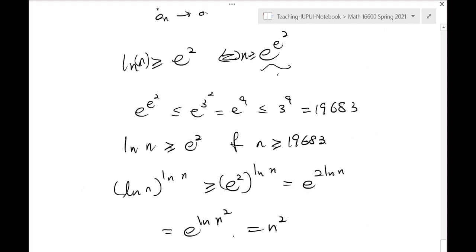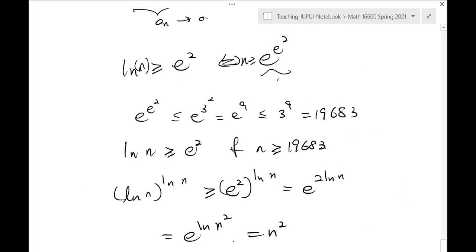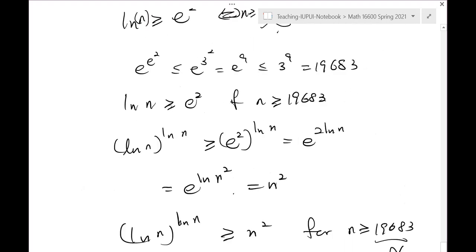You can say natural log of n is greater than e to any positive number. The reason I choose e is I want to get rid of the natural log.